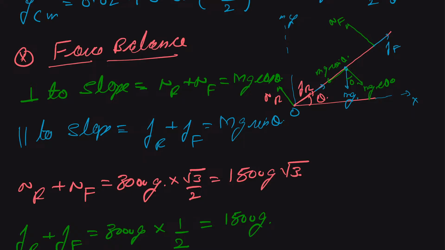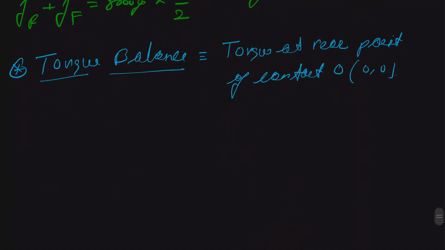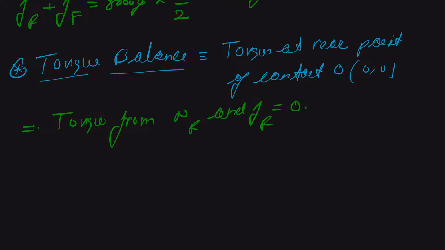Okay, because rear is our origin. Sorry. Because of this, we can say that the torque from the rear normal and the rear frictional force will be equal to 0, because they are acting at the same point, that is our origin.